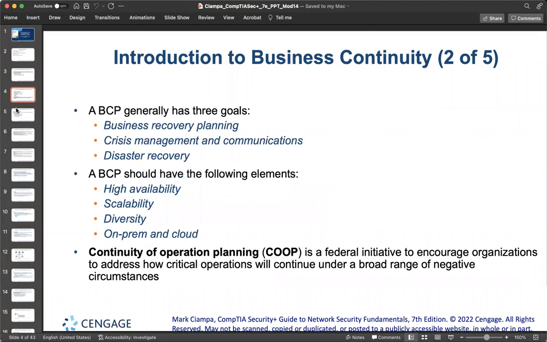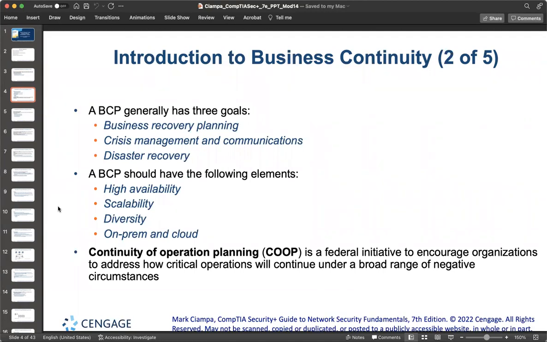A BCP generally has three goals: business recovery planning, making sure your business can come back to an operational situation after a mishap; crisis management and communication, so defining what the means of communication are while a mishap happens, right?